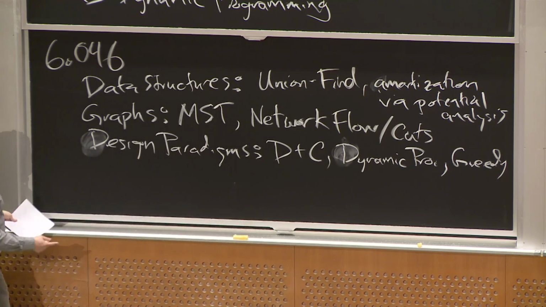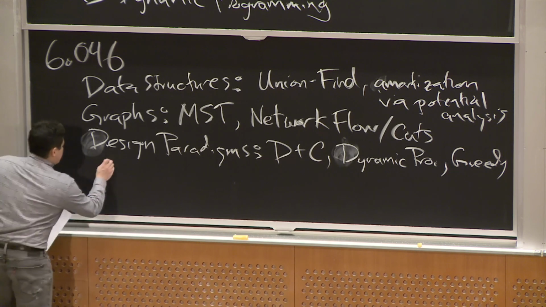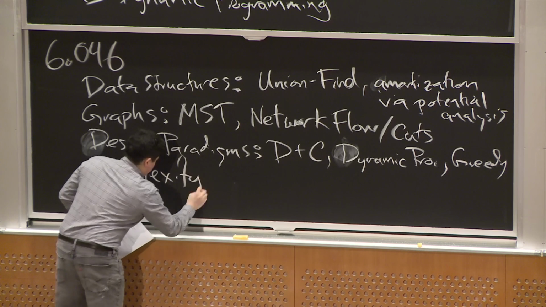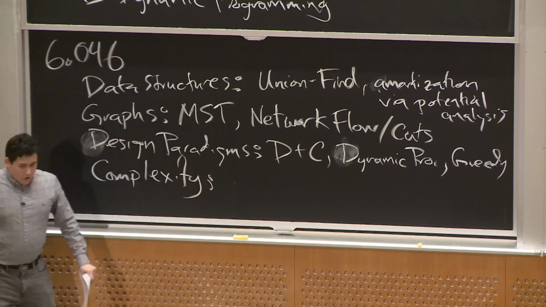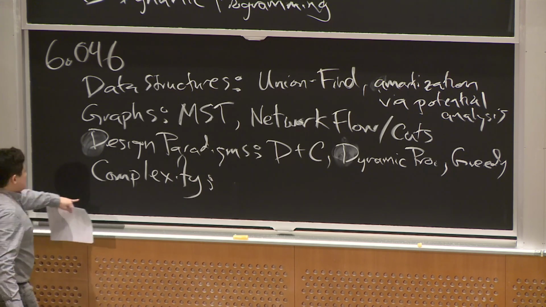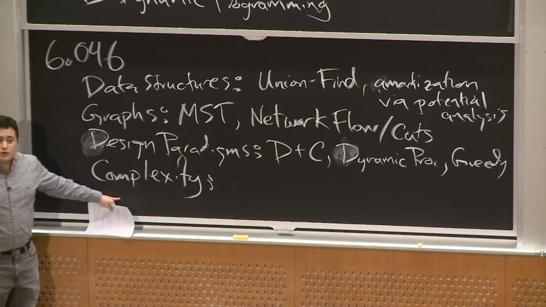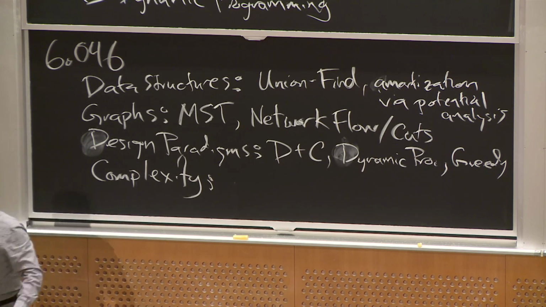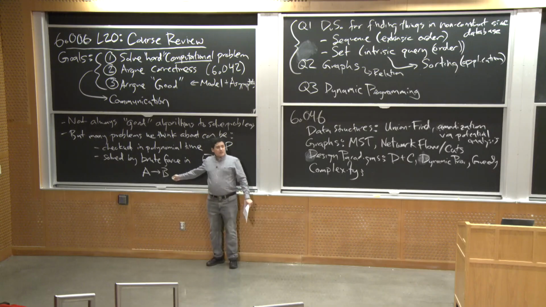Okay? And then the last thing is we only touched on complexity. And in a sense, 046 is only going to touch on complexity. It's a very big field, right? But it will give you the tools to be able to prove that something is NP-hard. Whereas we just kind of say that, oh, there's this thing called a reduction.